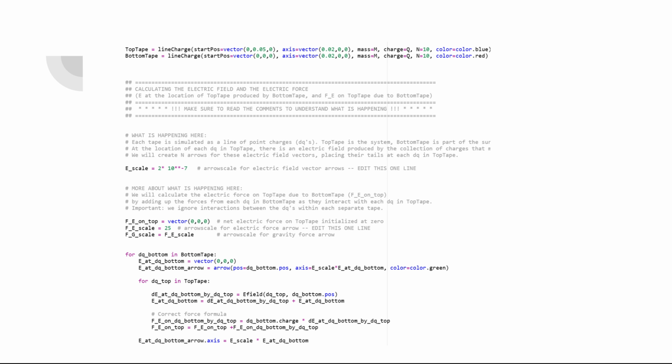And again, there's the scale used for the electric field arrows, and the initialization of the scale for the FE, and the initialization of the electrical force. Then at the bottom there is the code which calculates the force at each of the individual points, the dQs, individual charges, and creates an arrow to represent that.